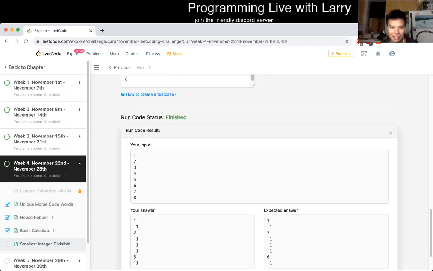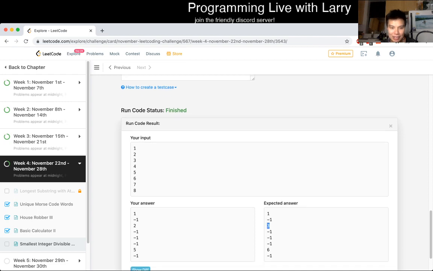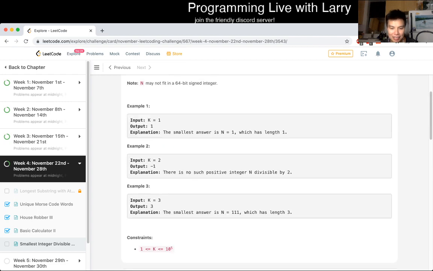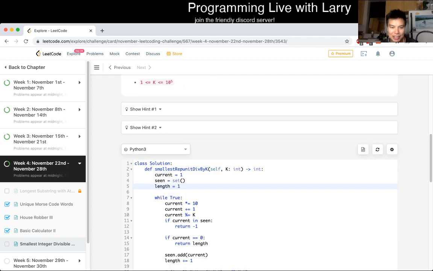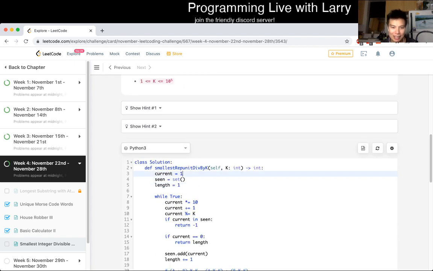And then now it's off by 1 because we start at 1. And then, okay. Actually, no. I think this needs to be here. And then we do it. Okay, and stop hacking, Larry. Okay, there we go.